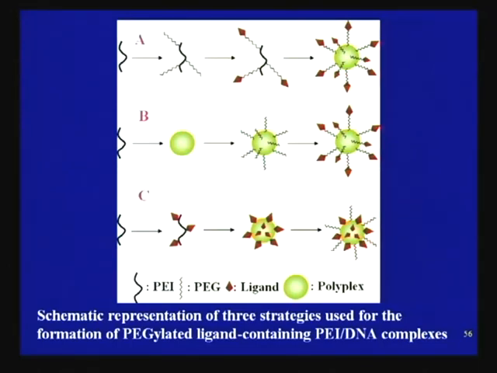Polyplexes. PEGylated means attachment of some drugs, some polymers to polyethylene glycol. You know, polyethylene glycol is a water soluble polymer, hydrophilic polymer. Polymer is water soluble if there is a limit of molecular weight.